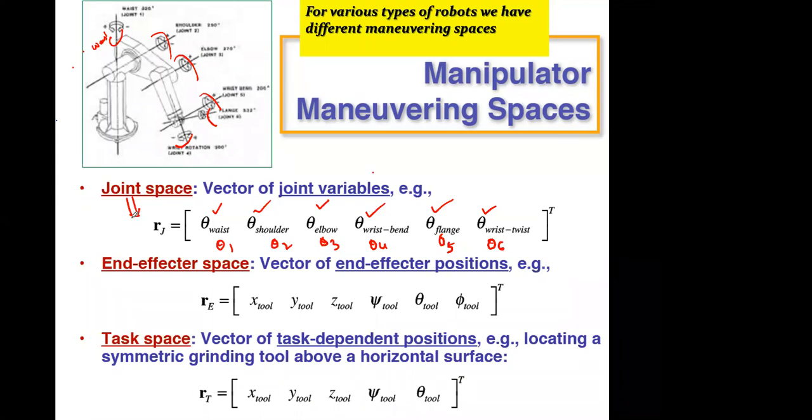Now at the same time, the end effector space is the vector of the end effector positions.